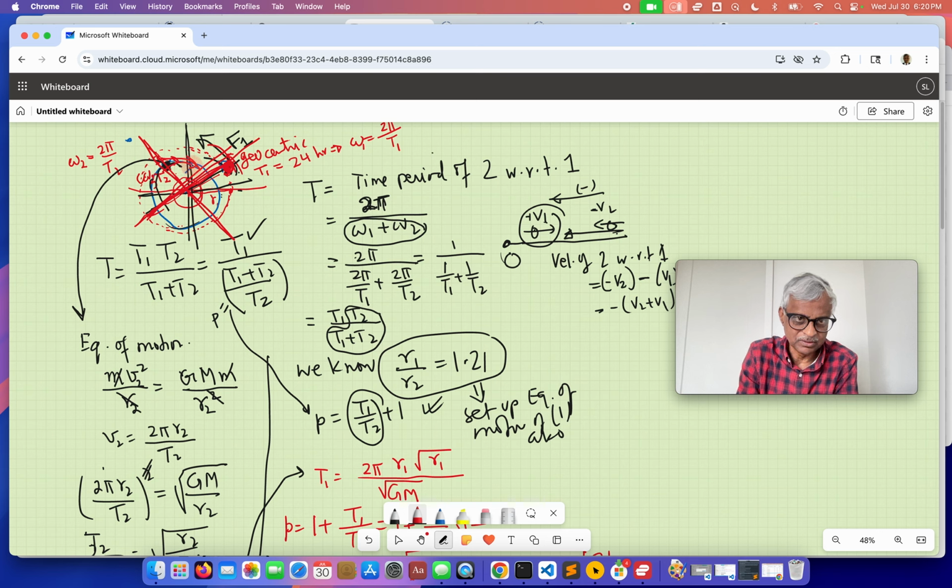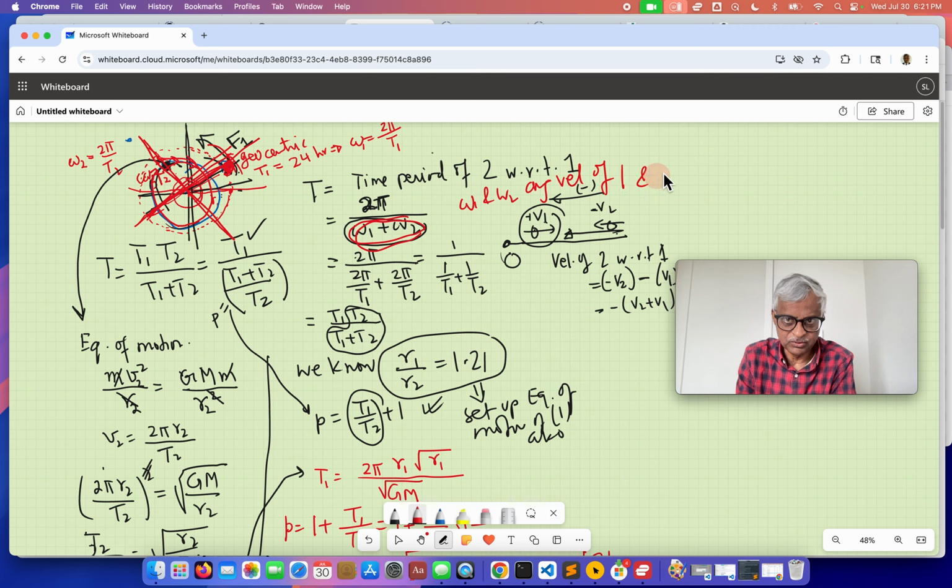This will see this rotating at some angular velocities. These are ω₁ and ω₂, the angular velocities of 1 and 2 with respect to not this frame, but with the fixed frame.